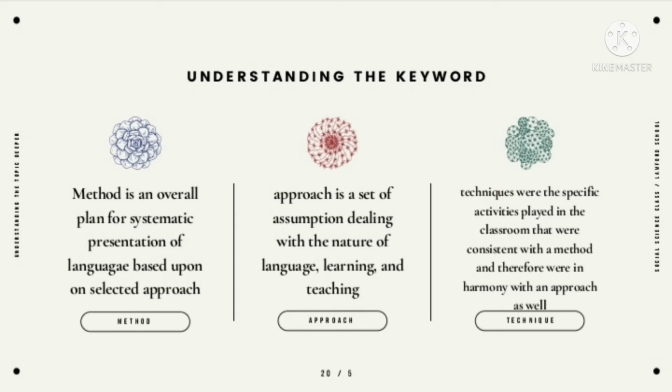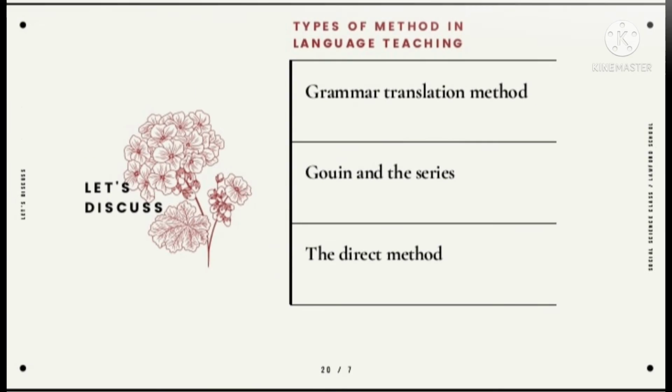The technique is the specific activities played in the classroom that are consistent with the method and therefore in harmony with an approach as well. As you can see in the slide, these three keywords are the definitions by Edward Anthony. And now we are moving on to the focus of our discussion.